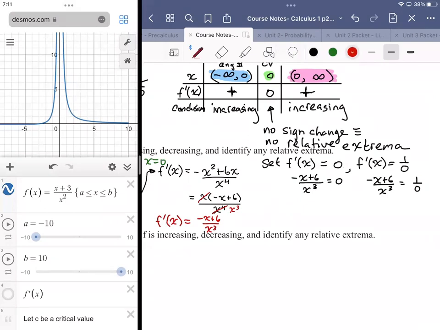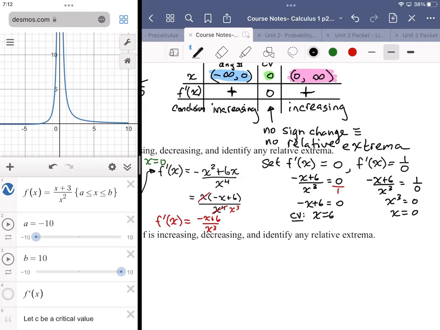When you cross multiply here, you get negative x plus 6 is equal to 0. Add x to both sides, you get x equals 6, nice critical value. When you cross multiply over here, you get x cubed is equal to 0. Solving, you get x equals 0.